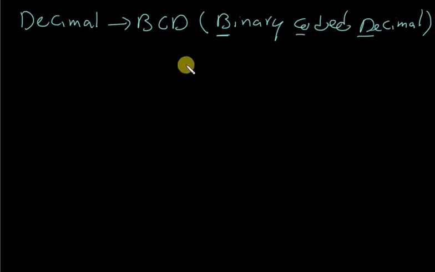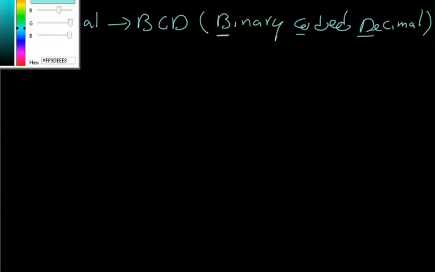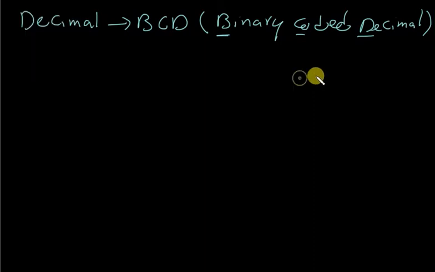So what they decided to do is to have exactly like hexadecimal numbers. They give 4 binary digits for each one decimal number. So if this is a decimal number, this is the binary digits for that decimal number.